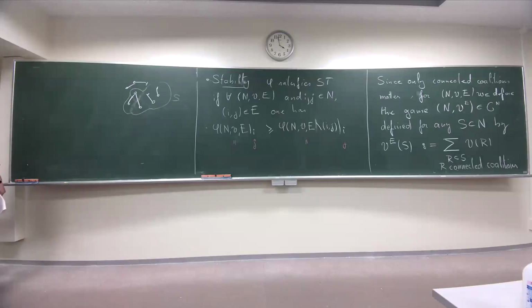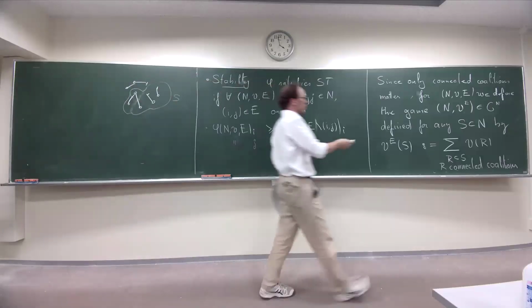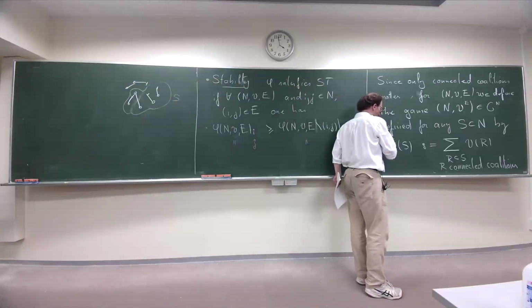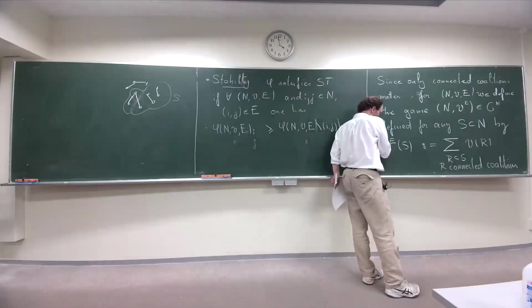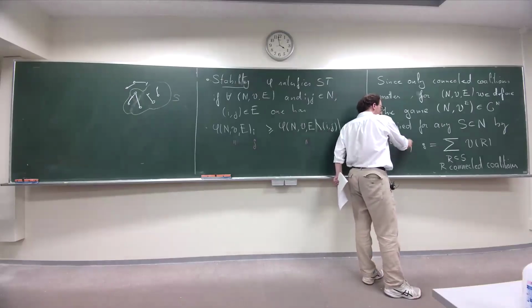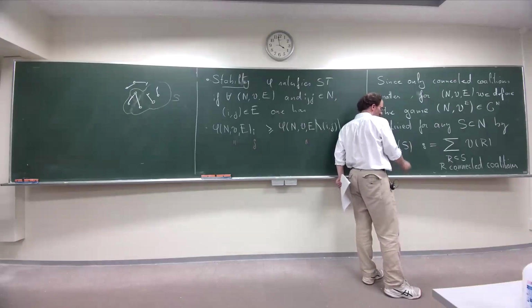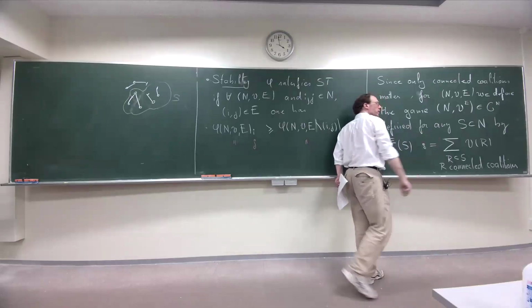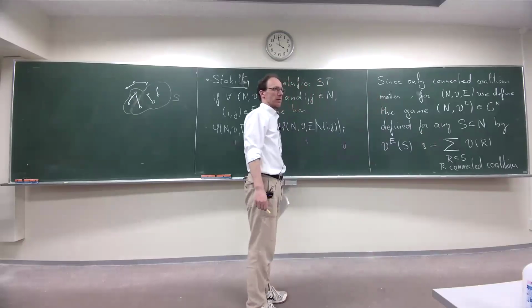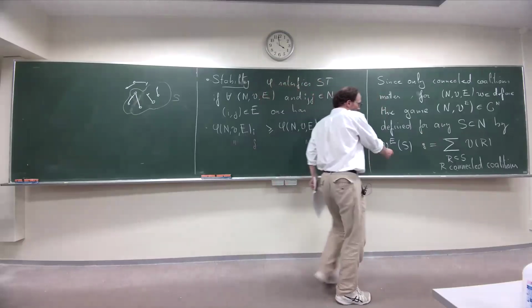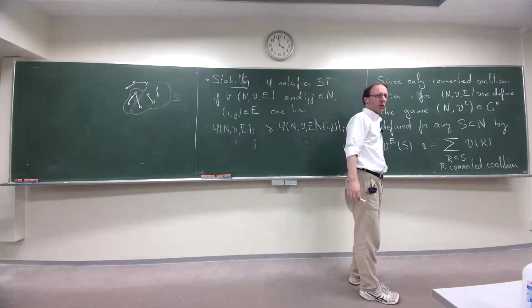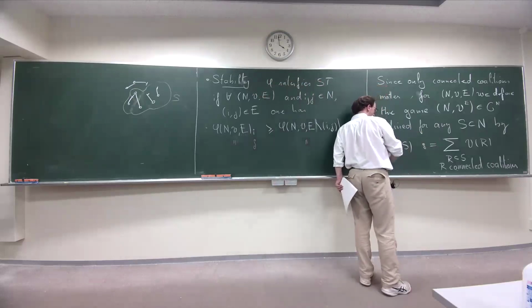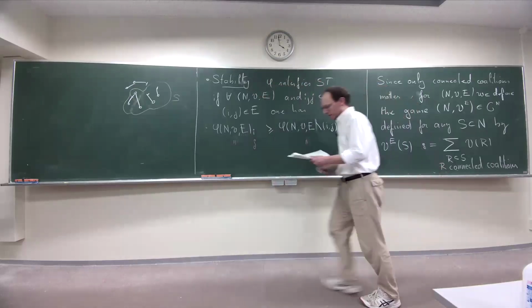So the VE for this S takes into account the three connected coalitions. Okay, that's it. So I define a utility, a function V on all subsets of N, by just summing over the connected coalitions. And now you observe, I don't need the graph structure anymore. Everything is encoded into this function VE.